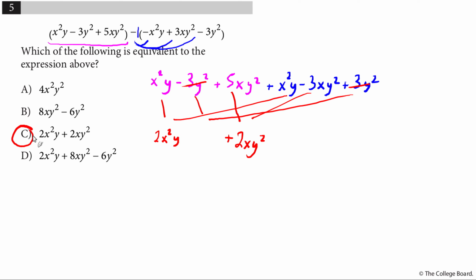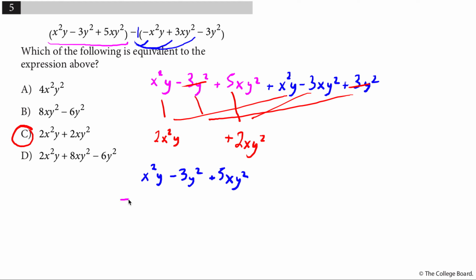That looks promising. Now, like the earlier problem, I have seen people that prefer to write this vertically. I just need to be careful. So if I were to write this vertically, I could write x squared y minus 3y squared plus 5xy squared. Sorry, I'm flipping the colors here.